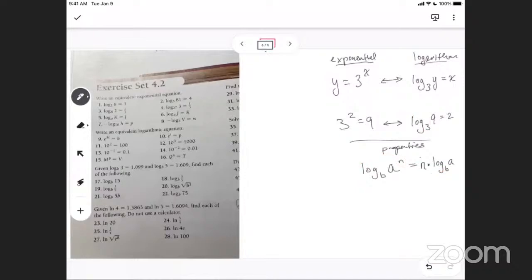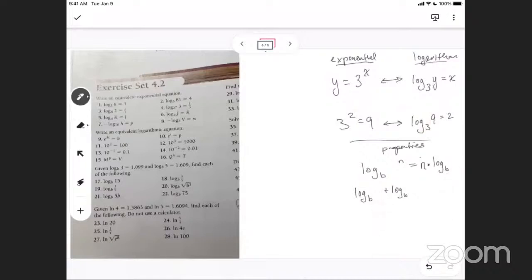Another property is log base b of a plus log base b. Oh shoot, that's a bad. I shouldn't be using A's here. I should use X's. Let me change all these A's to X's.